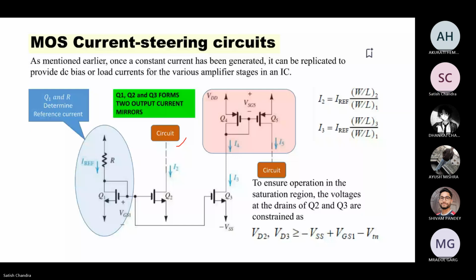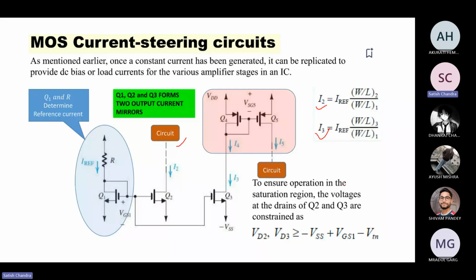It means the current which is coming here is also the same here, I3. If I look into the picture, I2 has this equation and I3 has this equation. So depending on the aspect ratio, we are going to have the value of this particular drain current.